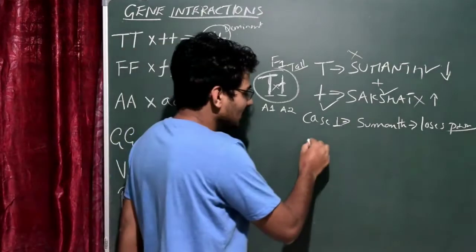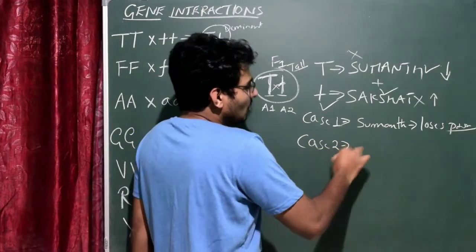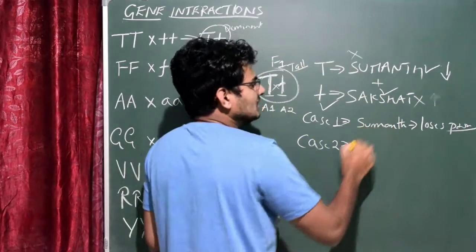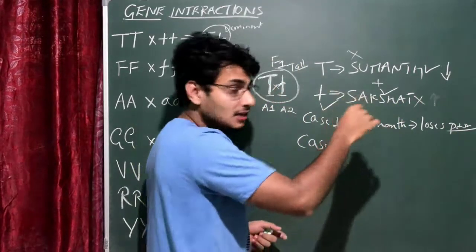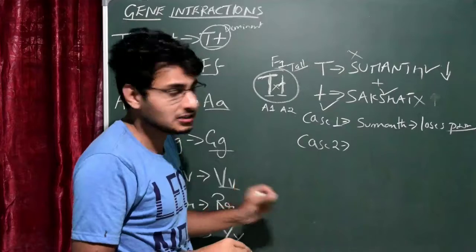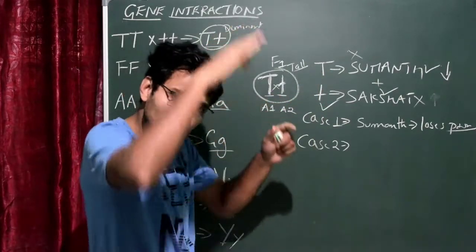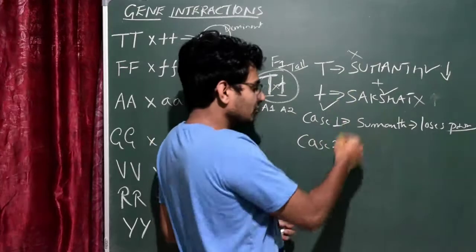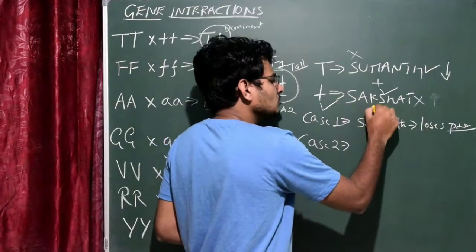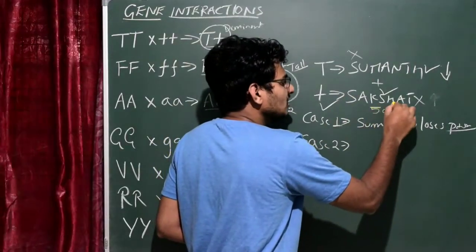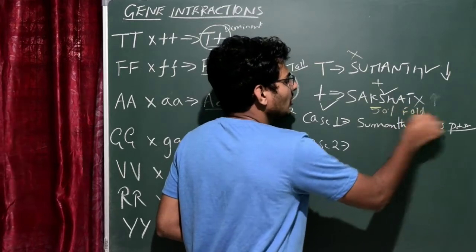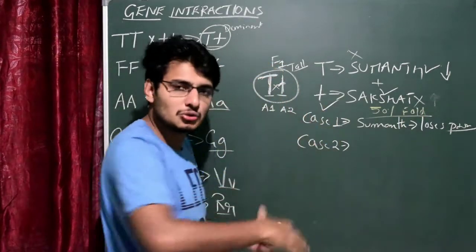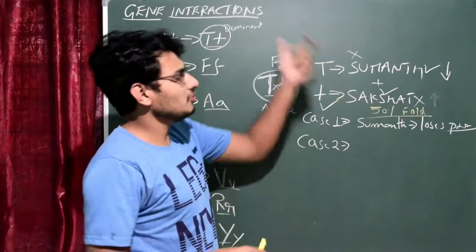Case number 1 actually. Or we'll take case number 2. What if Sakshat actually suddenly gains energy? I said in the first case where Sakshat will not gain energy, but Sumant loses his energy, it goes below Sakshat's energy. As a result, Sakshat looks more powerful than Sumant. What about case number 2? Suddenly Sakshat actually increases in energy, that is 50% fold. Okay, more than 50%, than what he has right now. So the energy now doubles. Okay, so it's double now.